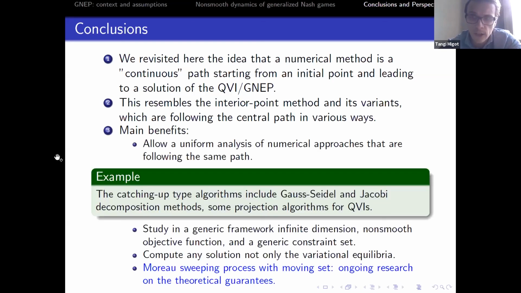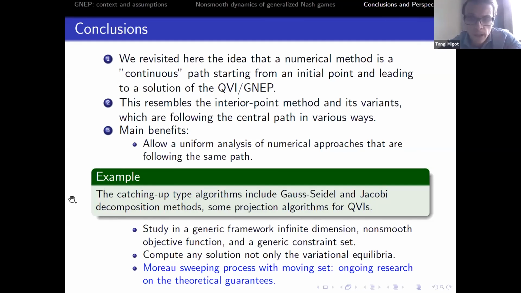There are a couple of main benefits of this. First of all, it allows a uniform analysis of a lot of numerical methods. The catching up algorithm resembles projection algorithms for QVIs, but also some Gauss-Seidel or Jacobi decomposition methods used for the GNEP belong to this framework.